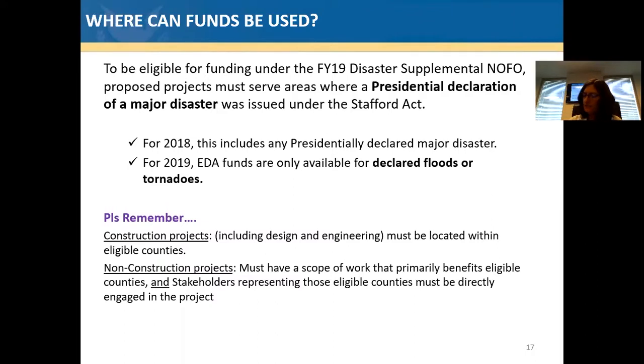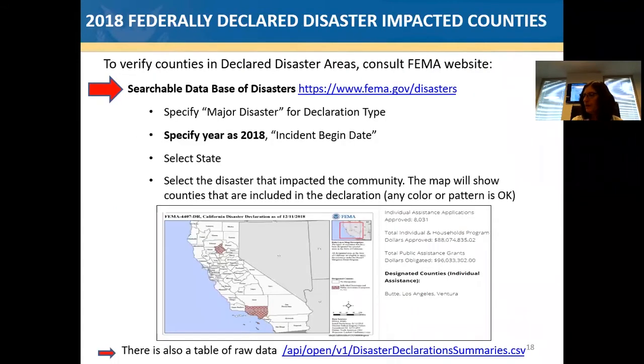However, for 2019, eligibility is more specific and narrow. And please also remember, if you are proposing a construction project, that the project needs to be located in the county impacted by the eligible presidentially declared disaster.